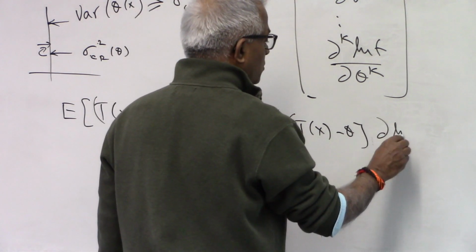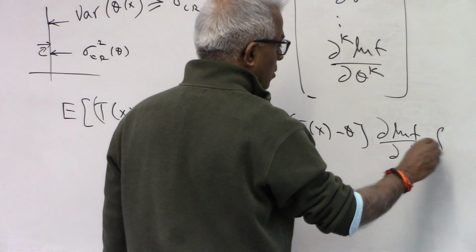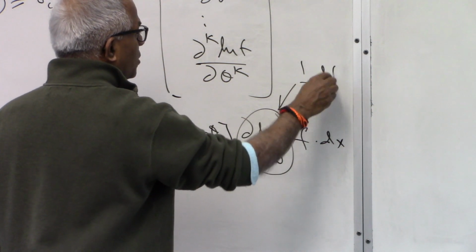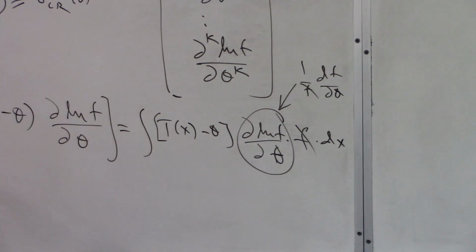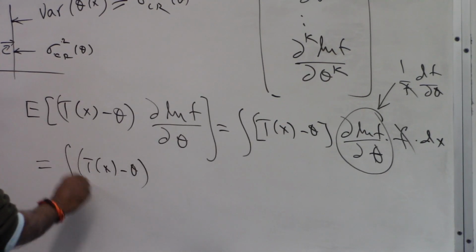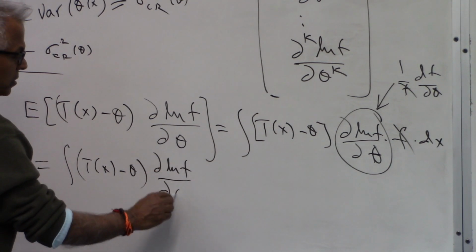We went through this several times now. d log f is 1 over f multiplied by df by d theta. So this f cancels. So you get Tx minus theta multiplied by d log f by d theta.